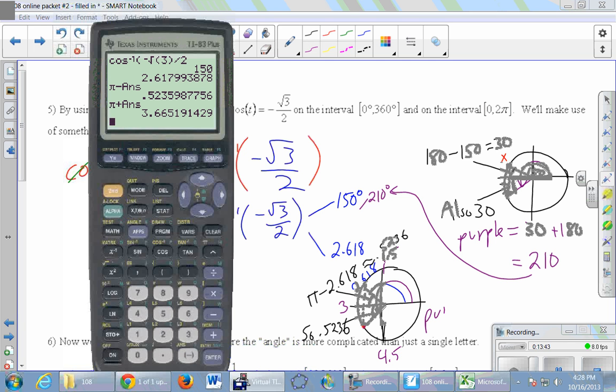So purple is equal to pi plus the black angle, which was 0.5236.